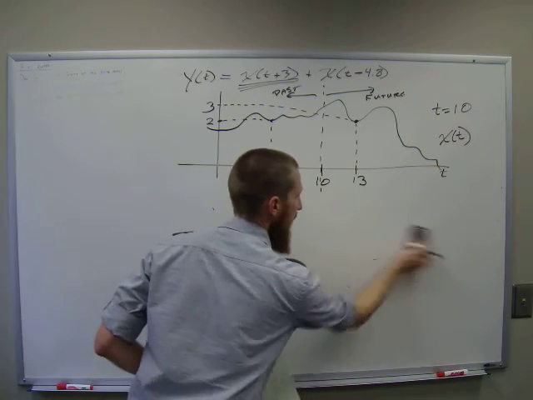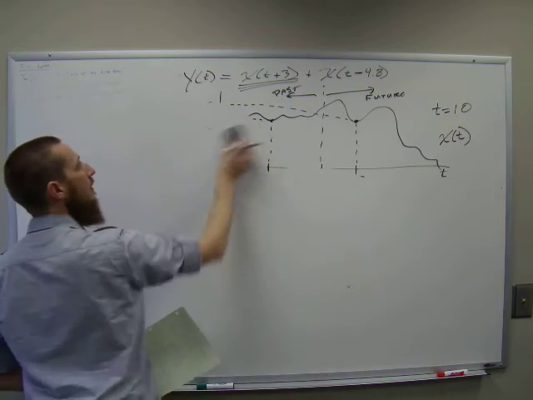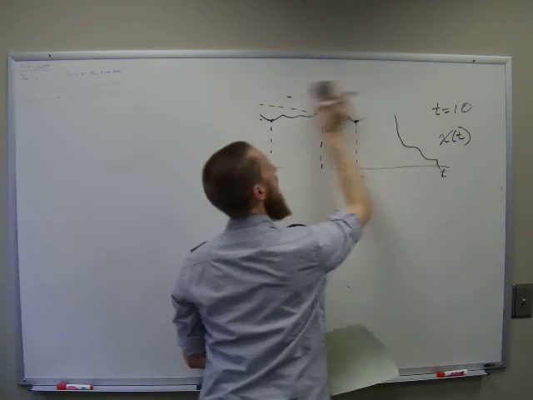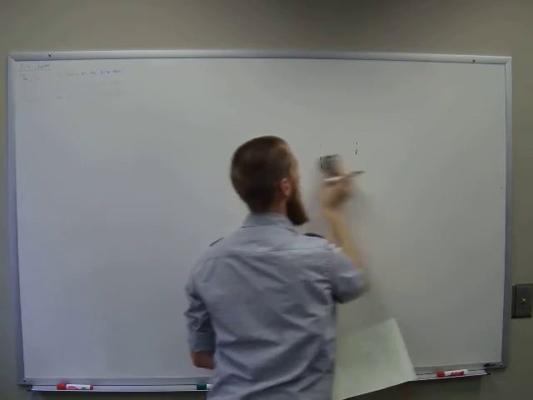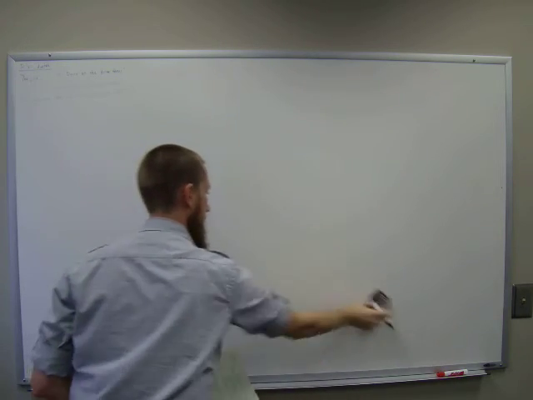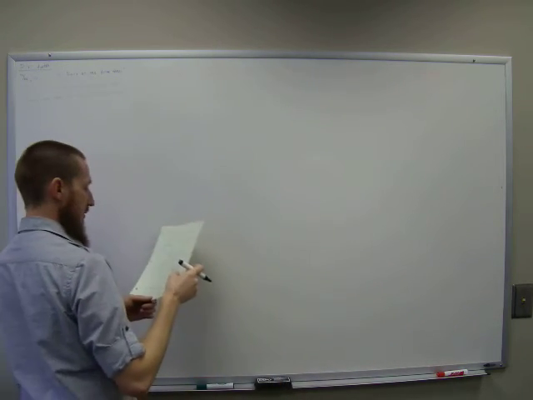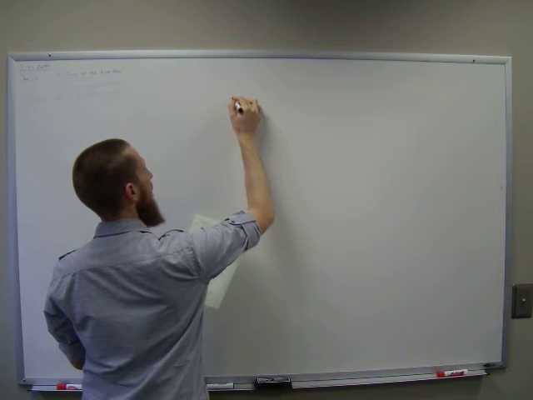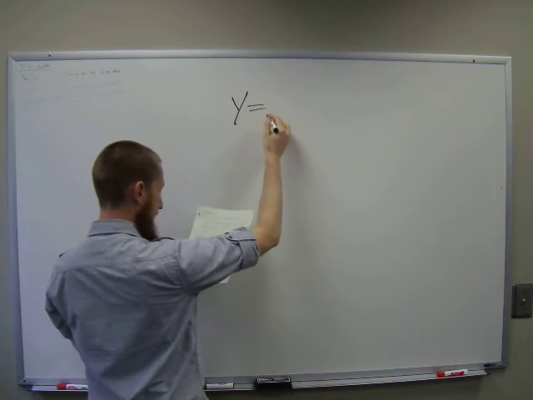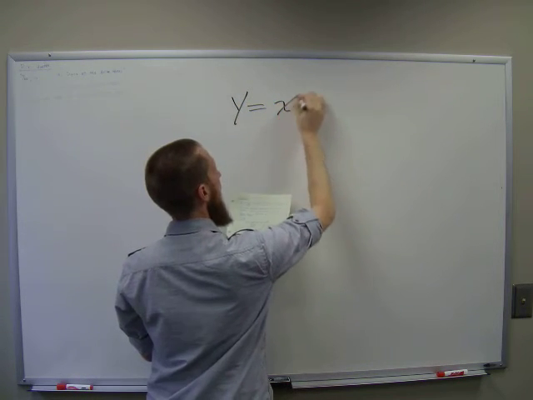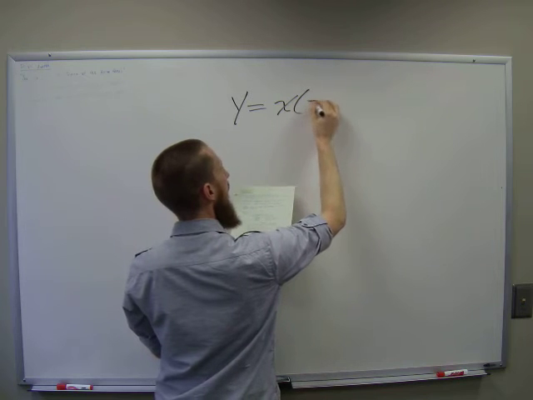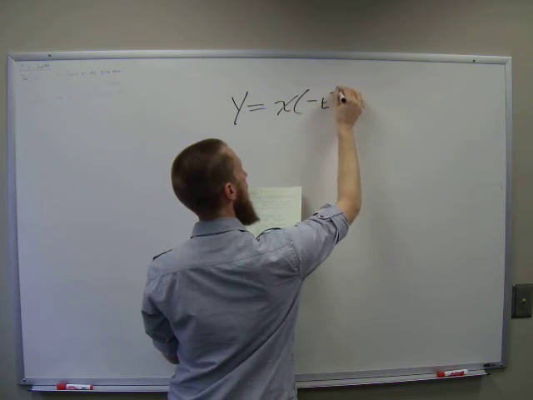So, the last thing that we're going to do, I'm going to leave you with something to think on. So consider the system. Y is equal to x of minus t squared.